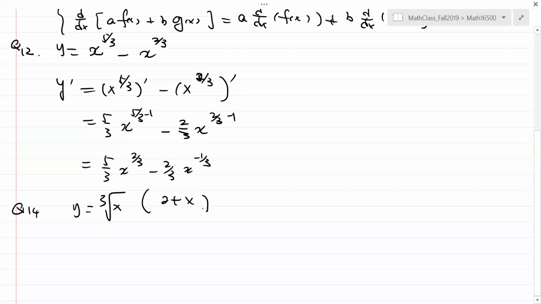This is the third root of x, times 2 plus x. This is a product of two functions. Okay. Now, how do we do that? When we say product, immediately you connect this problem to the product rule, right? So you can use the product rule to solve the problem.